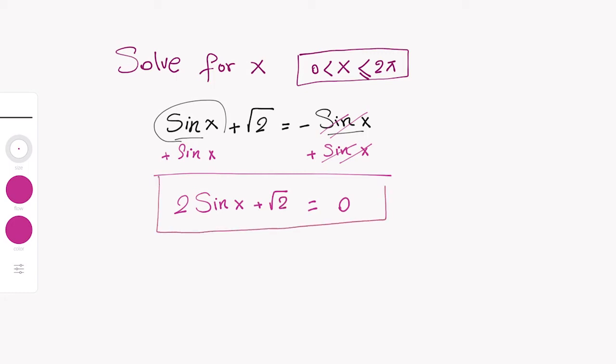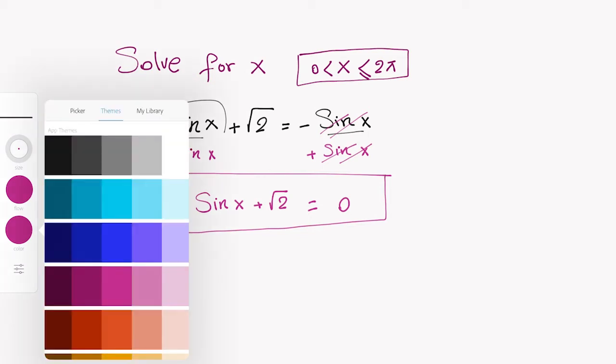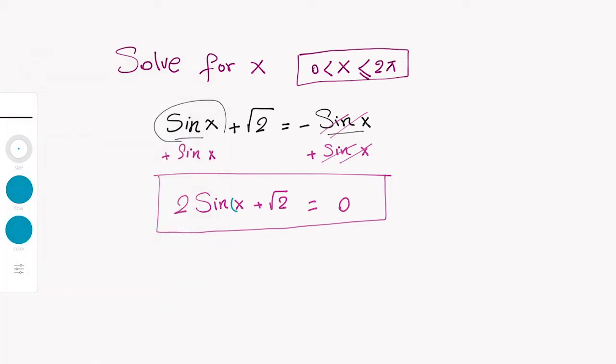So now we have a new equation. We are looking for x, but the x is inside of sine. So we have to have this package on one side of the equal sign and everything else on the other side.